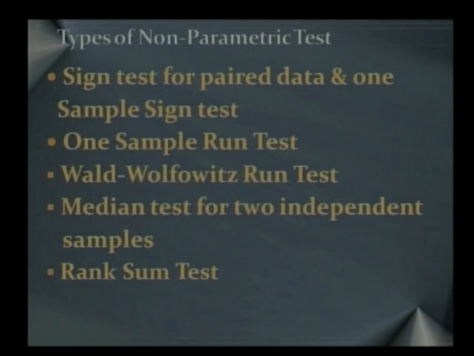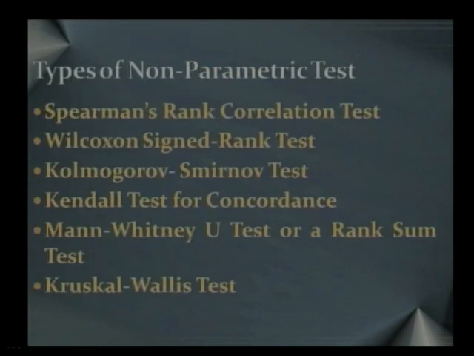Then the median test for two independent samples, the rank sum test is there. Then also the Spearman rank correlation test, then the Wilcoxon sign rank test. So these are all different tests which are applied in non-parametric testing.